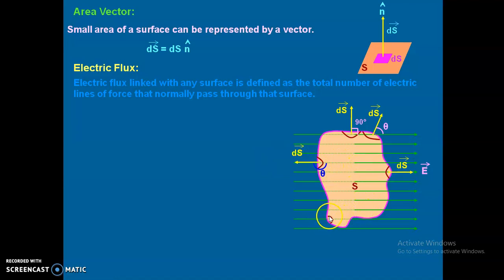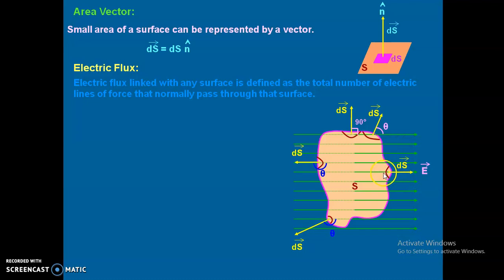Another small surface we choose on this particular surface, whose vector is acting in this direction at an angle theta with the electric field. So you can see the theta over here, here 90 degrees, here in the same direction. So electric flux will be calculated by the measure of the number of electric field lines passing normally to the surface.